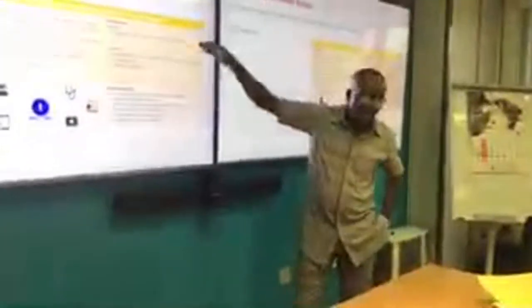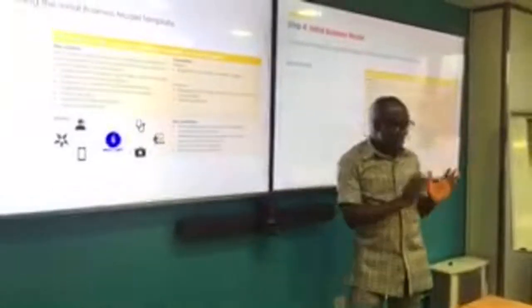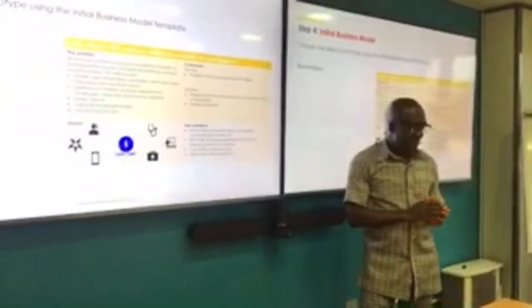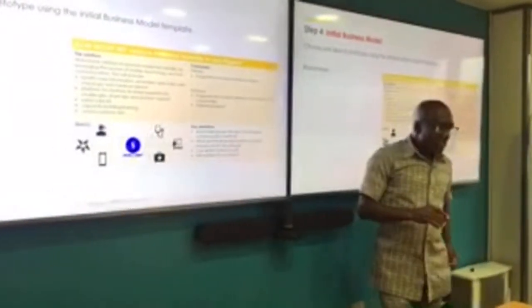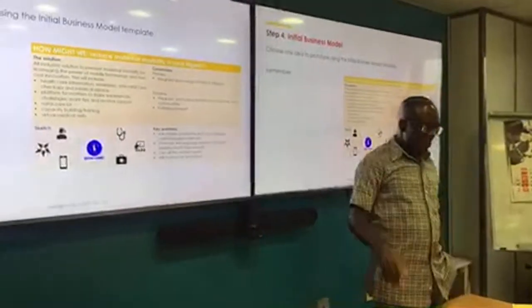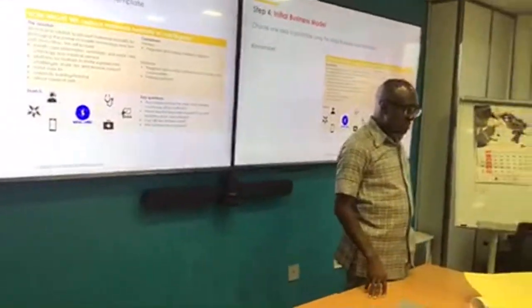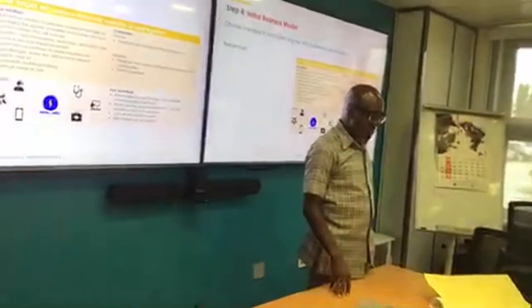So your initial business model should look like this. This is the initial business model. Check the WhatsApp group. I think I dropped this template there. I have dropped about two or three templates.